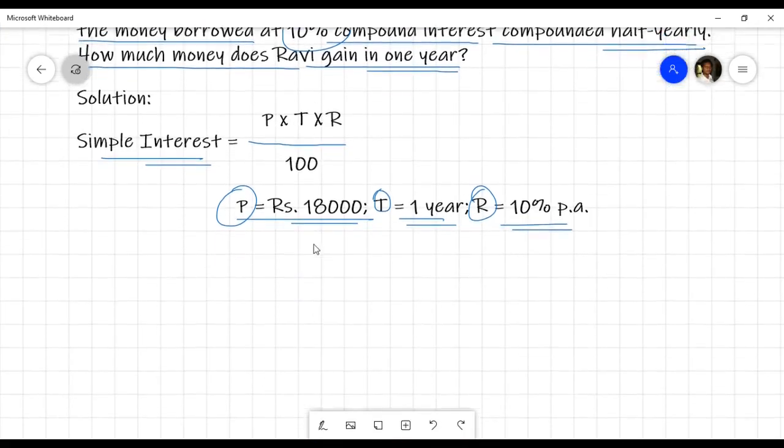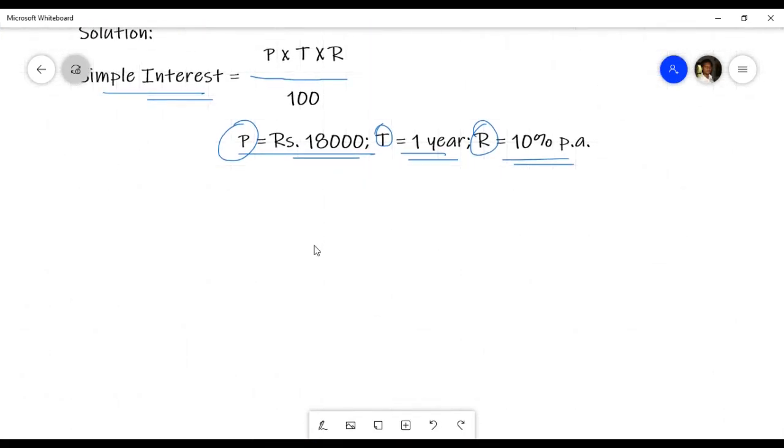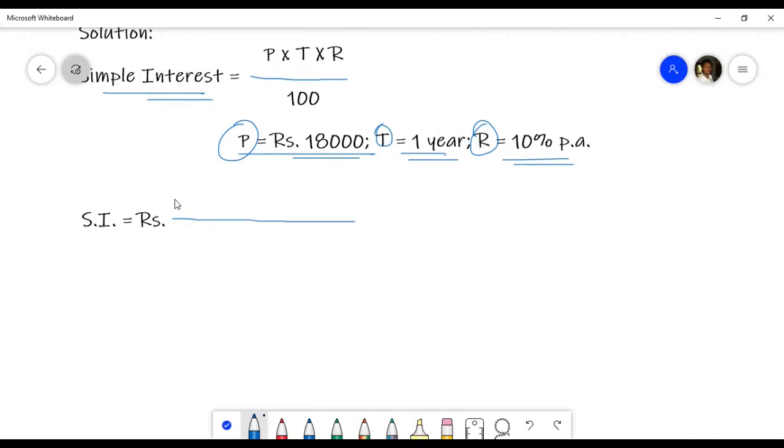So we'll just replace the values, and when you simplify and calculate it further, you will get the answer as rupees 1800. So the simple interest that we have found is rupees 1800.